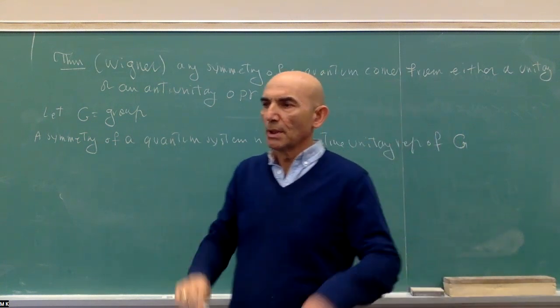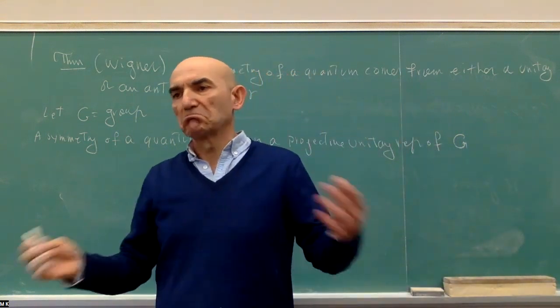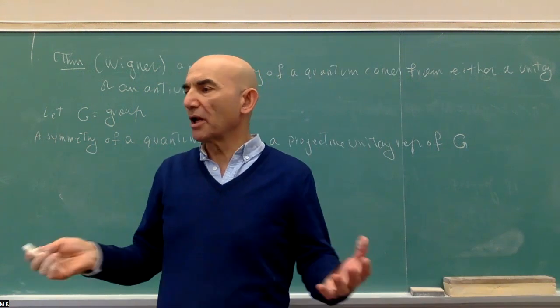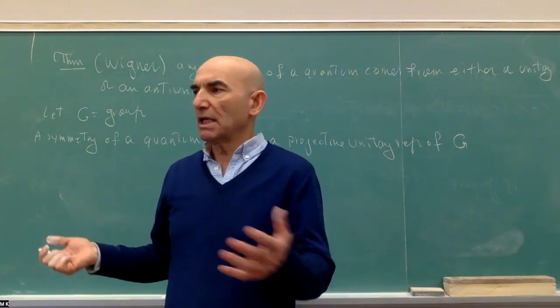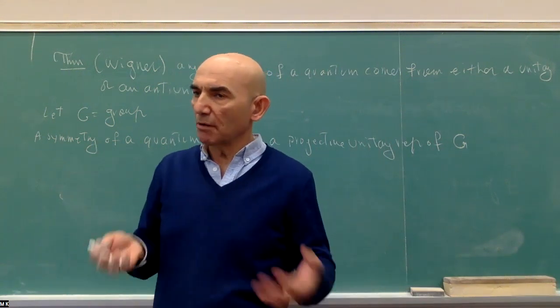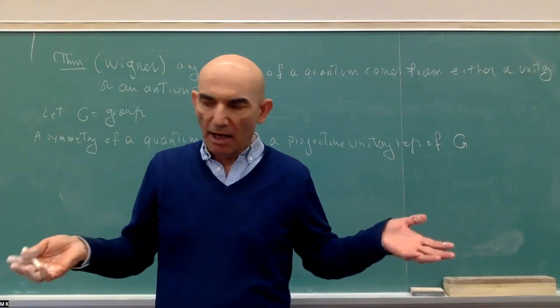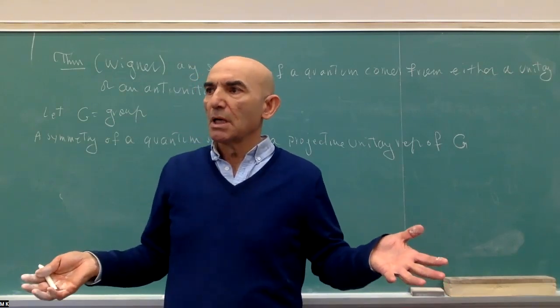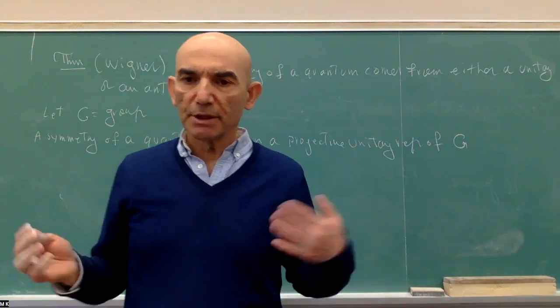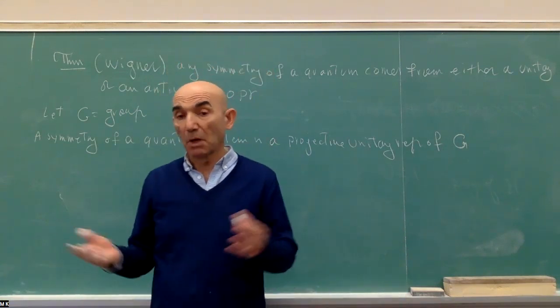There's some group, it could be Lie group, it could be discrete group, it could be finite, infinite, doesn't matter. We say that G is a group of symmetries of the quantum system if you have a projective unitary representation of it, right?